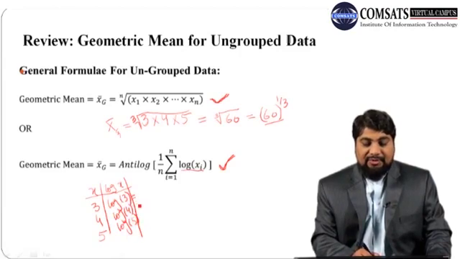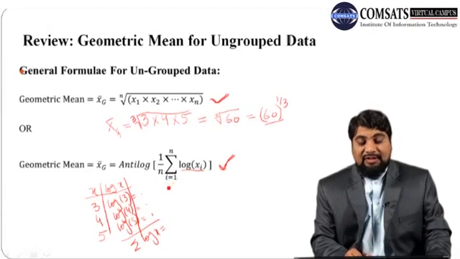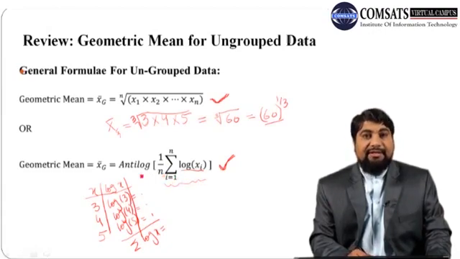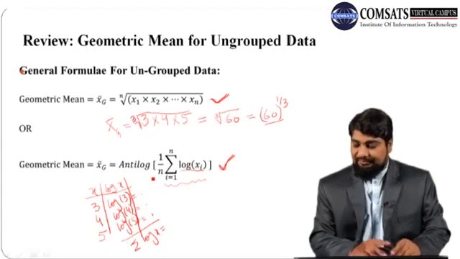Then add all these numbers to get the summation of log X. Once you get this summation of log X, divide it by 3 and then take the antilog. So you will get the geometric mean. This is how to calculate the geometric mean for the ungrouped data.